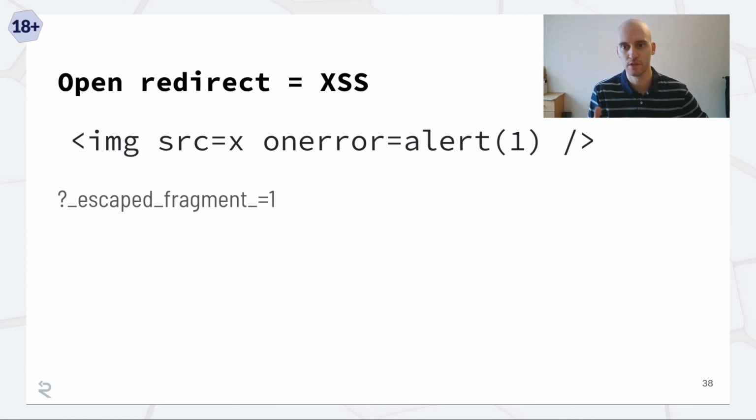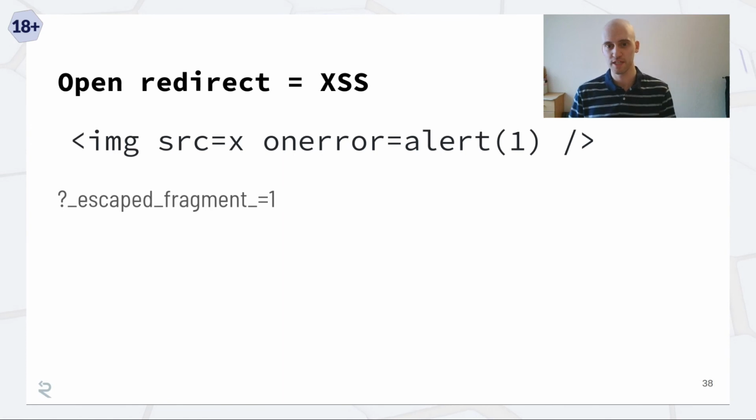You can actually perform an XSS because the content under this Open Redirect will be sent back as static HTML, which has JavaScript in the attributes, and it will be executed under the original domain of the website.